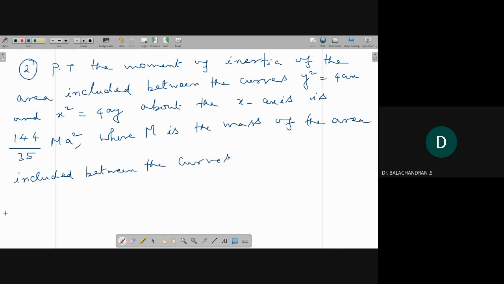Actually, we solved a similar type of problems in the double integral. Similar type of curves, that is, find the area between the parabola y square equal to 4ax and x square equal to 4ay.